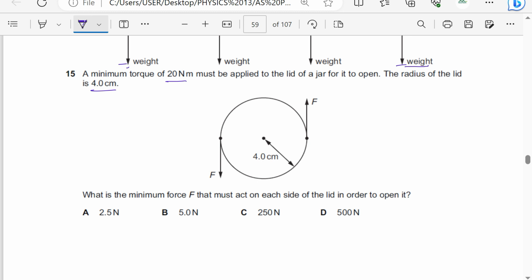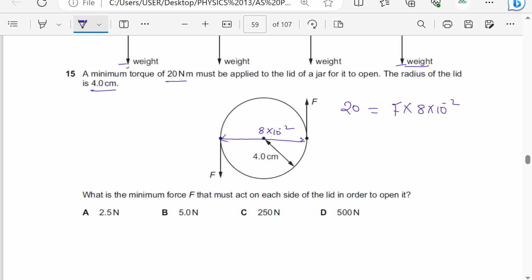First of all, these two forces are constituting a torque because they are parallel to each other and the perpendicular distance between them is going to be 8 centimeters, so 8 times 10 power negative 2. So 20 newton meters is the torque. The minimum torque required should be equal to the product of one of the forces times the perpendicular distance between them, which is equal to 8 times 10 power minus 2.